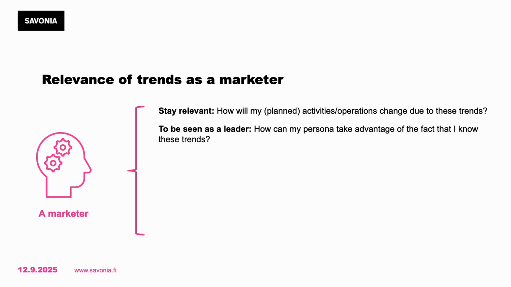The second part was all about being seen as a leader. As a marketer, you are going to question, how can your persona take advantage of the fact that you know these trends? So again, as a marketer, you will need to make that decision. You know those trends, and so how can you use those to your advantage?